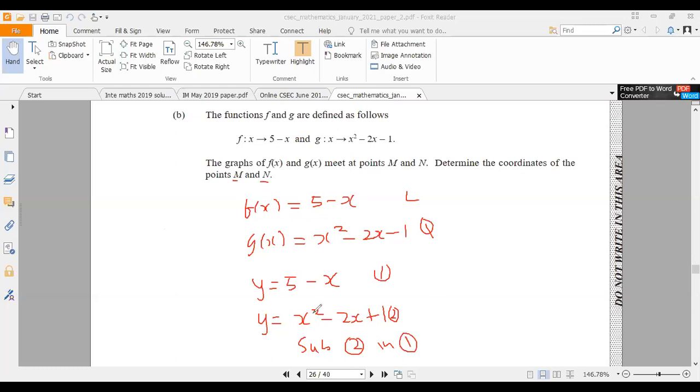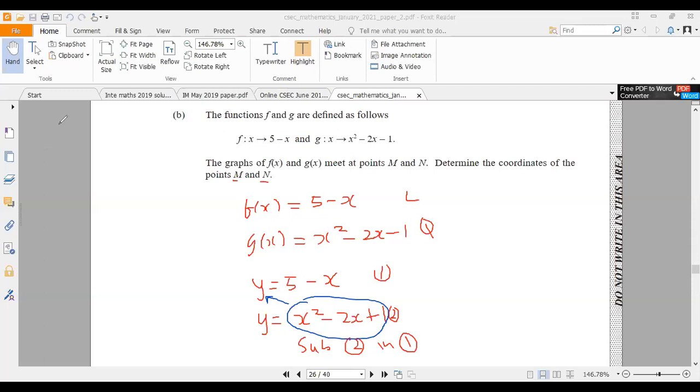You are going to take all of this equation 2 and replace it wherever you have the y. We're not even going to write a y; we are going to replace the y with whatever we have here.